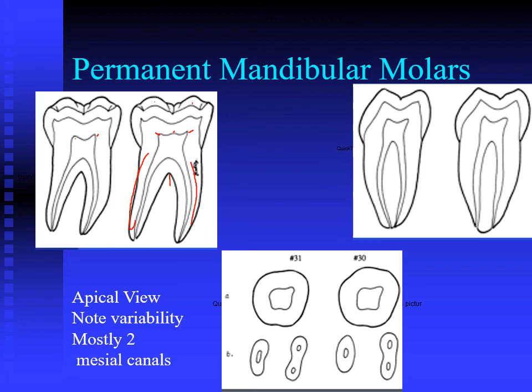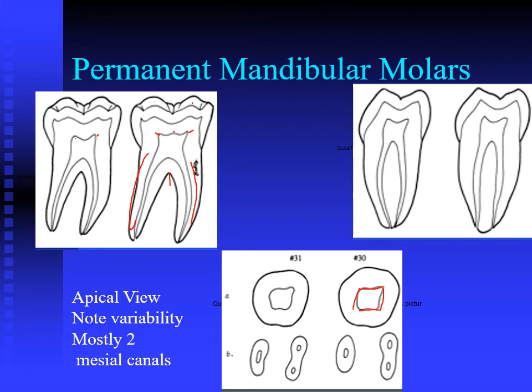Oftentimes, if we look here at the coronal cross sections of the first and second molars, you will see a roughly quadrangle shaped pulp chamber, which would be, I guess, trapezoidal maybe.